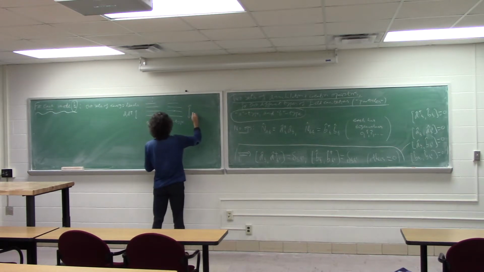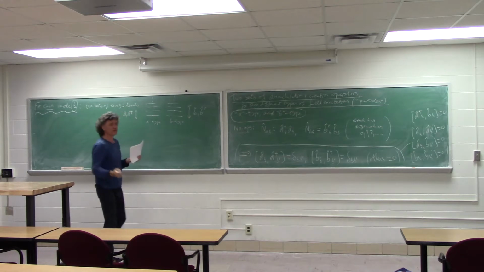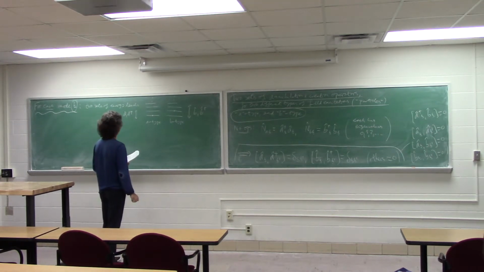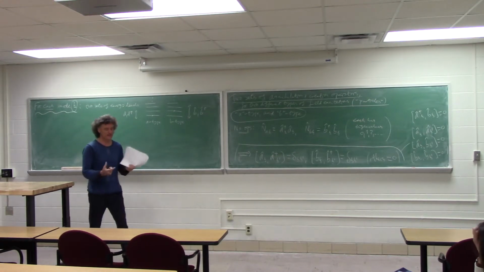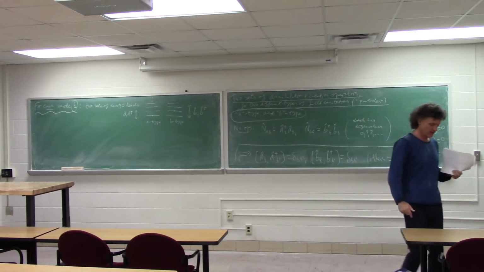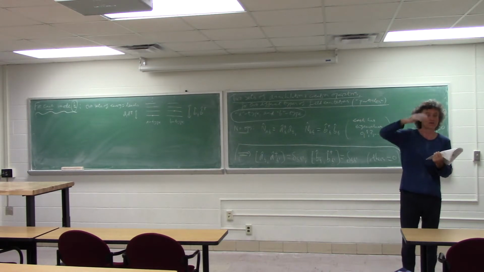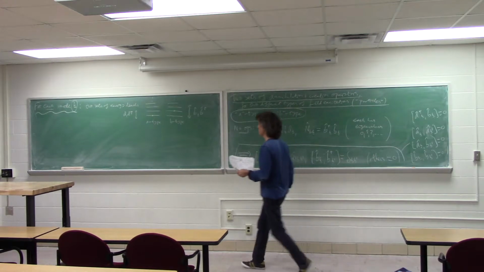Here I can go up and down with B and B dagger. I've got two independent sets of energy levels, which can be independently excited. So basically there's a doubling of the energy levels. For each wave vector k, instead of having just one harmonic oscillator, I've got two harmonic oscillators. You can think of it like that.